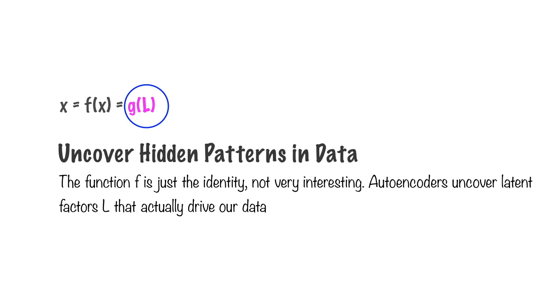Autoencoders uncover latent factors, the L, that actually drive our data. Without the constraints, it would seem like autoencoders could simply copy the inputs over to the output. But that is the identity function. That's not what we are looking for. We are looking for autoencoders to force themselves to learn the most significant features, the latent factors, which form the best representation of our data.